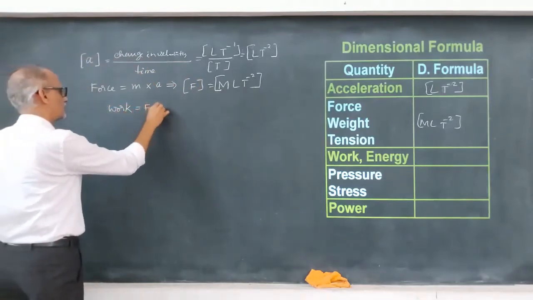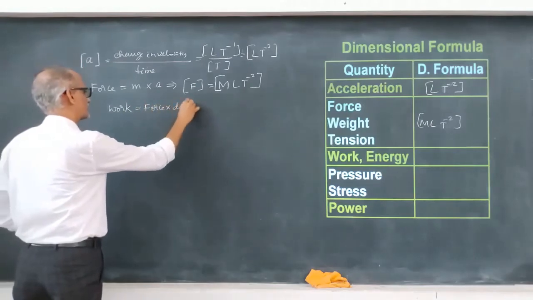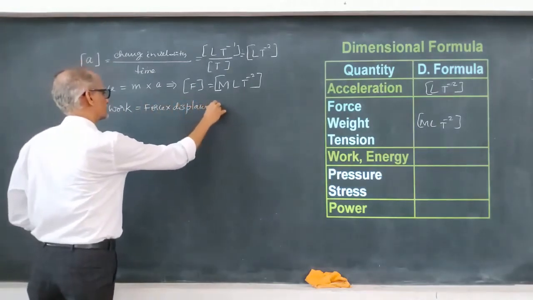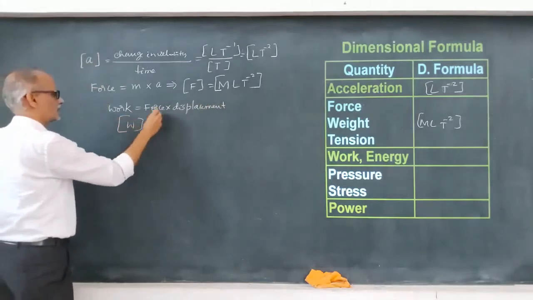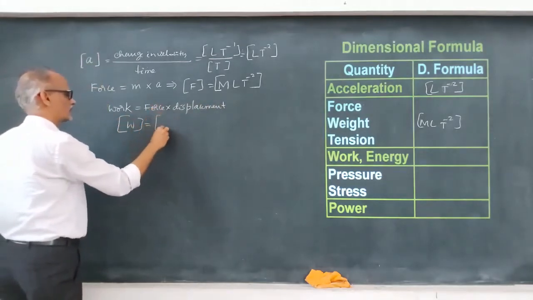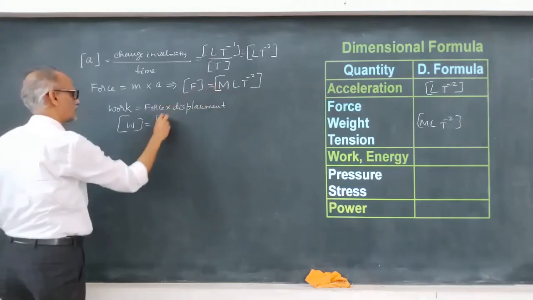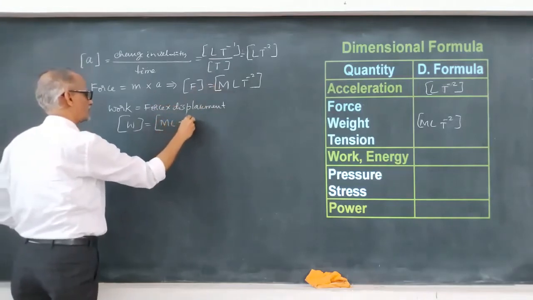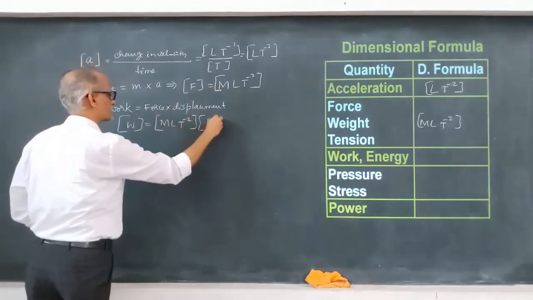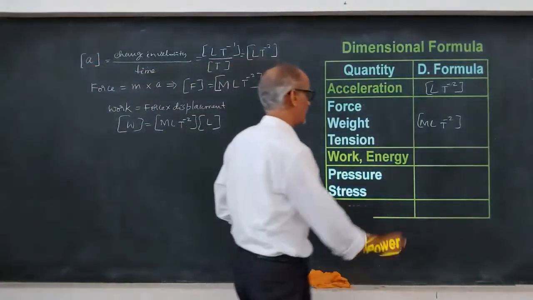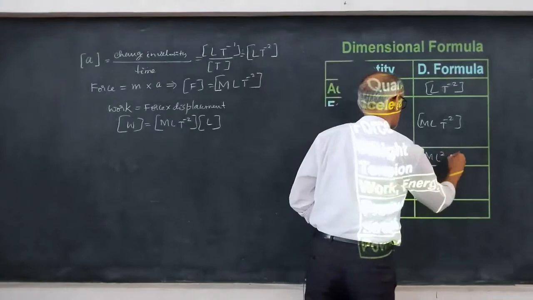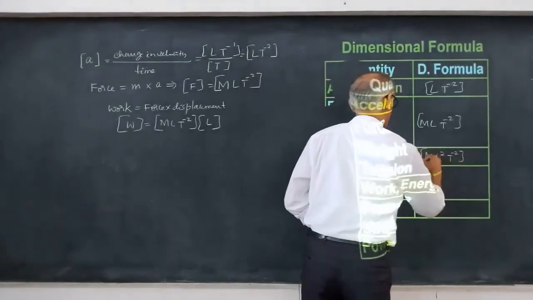Work is nothing but force into displacement. So work is W, symbol. Force, it's here, MLT minus 2, into displacement, which is a measure of length again. So on multiplying, you will get ML square T minus 2.